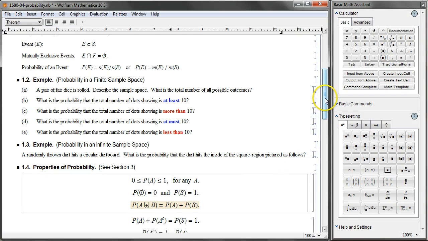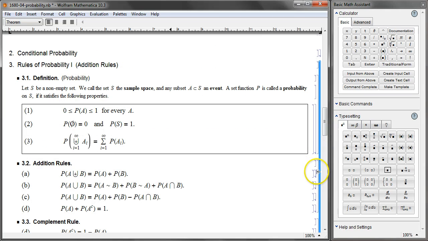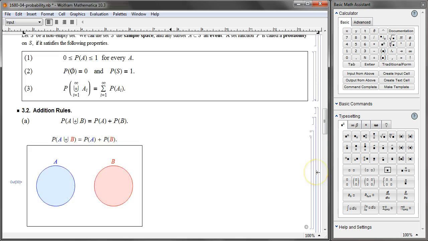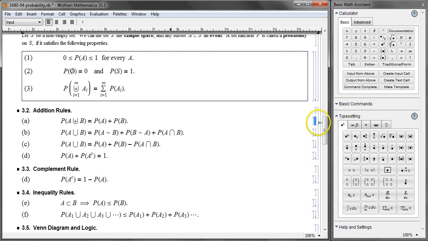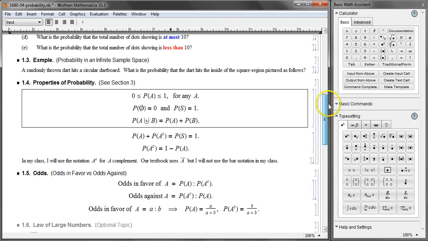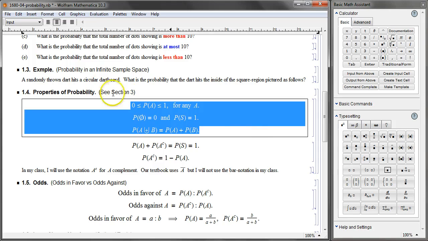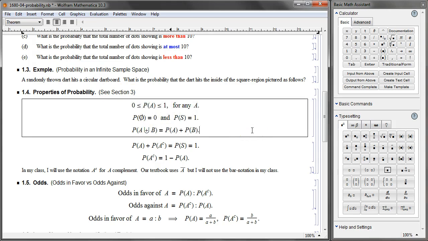As a matter of fact, let me go over to chapter 3 and briefly show you a picture, kind of like this. This is an example of mutually exclusive events. When A and B are mutually exclusive, as you can see, no overlap, then the probability of this disjoint union is the sum of the probabilities. By the way, we are going to come back and discuss this in a little more detail in chapter 3. Right now, just stick to these three fundamental properties.